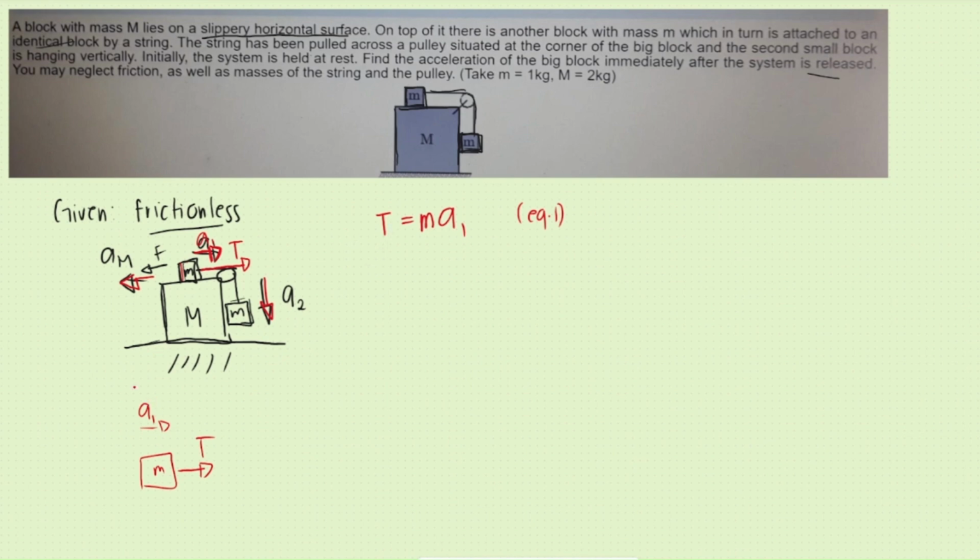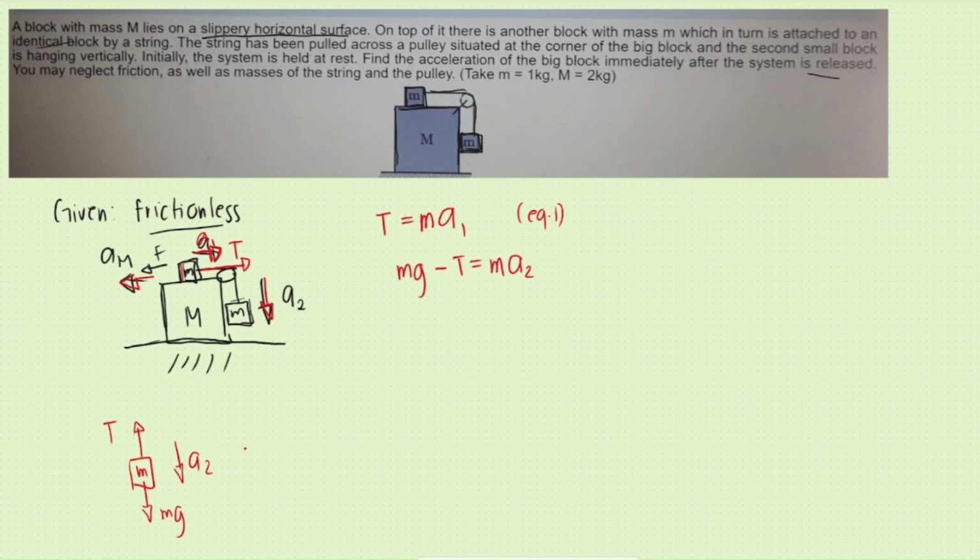So next, we'll find an equation using the block small m moving vertically downward with acceleration a2. The forces acting on this object are tension and its weight mg, right? So we can simply put the equation mg minus T is equal to its mass times acceleration, right?